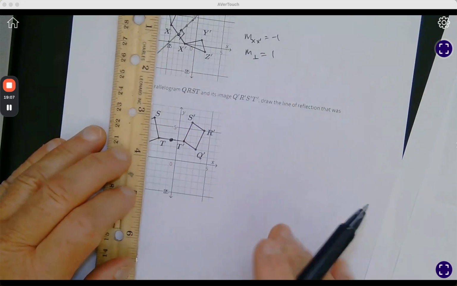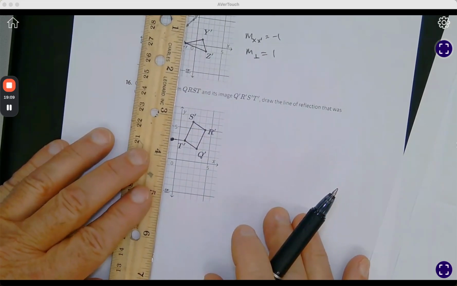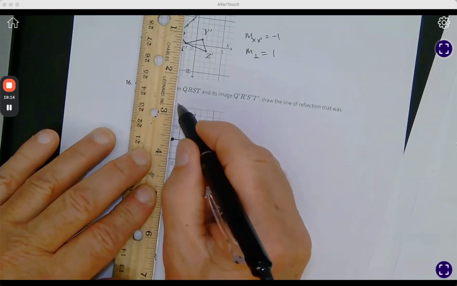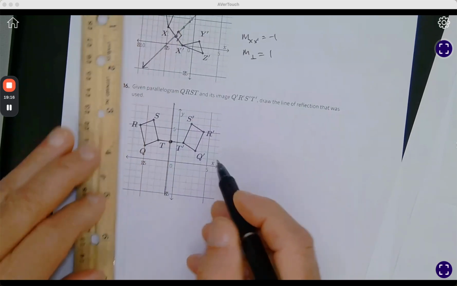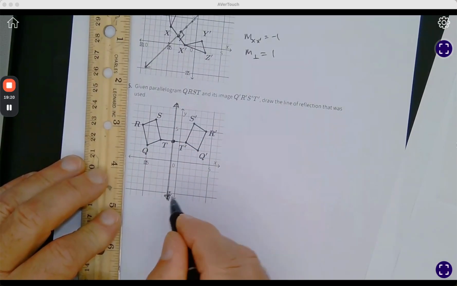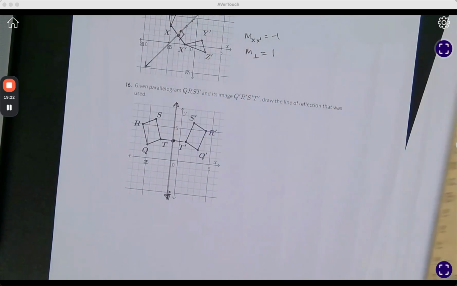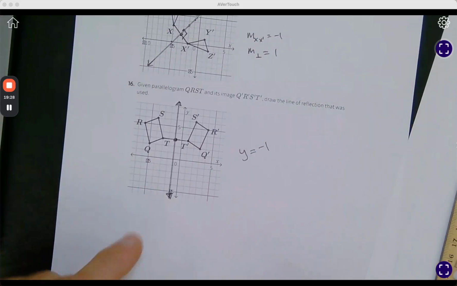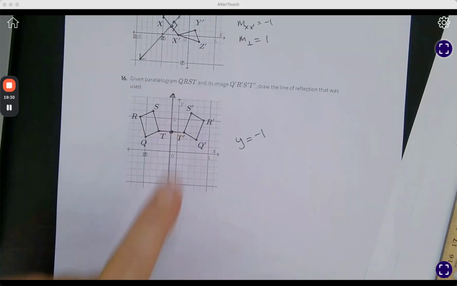So the slope of the line of symmetry is going to be undefined, because the reciprocal of 0 is undefined. That is a vertical line, so that is your line of symmetry. That one was easier than the last one, actually. By the way, that line of symmetry is y equals -1, because y equals -1 everywhere on that line.